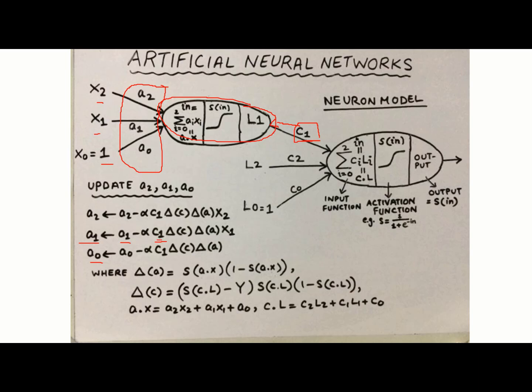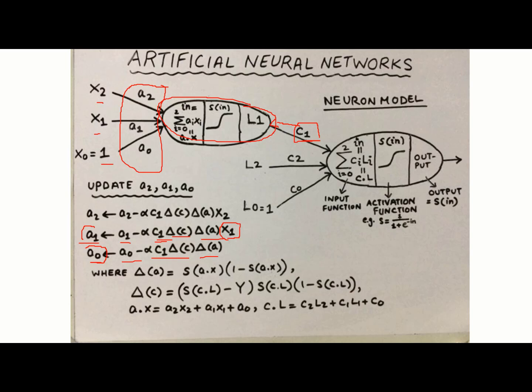So this C1 over here times delta C, no change, times delta A, times x1. So this is the input which is multiplied with the coefficient a1. Likewise for a0, it is a0 minus alpha C1 delta C, no change, again delta A, no change, and this time the input over here is constant 1, so we have just omitted that.